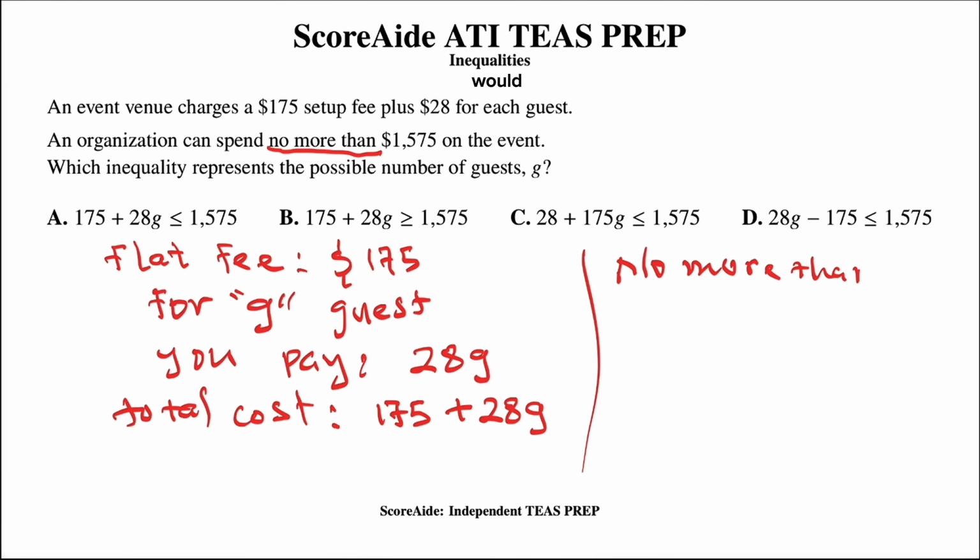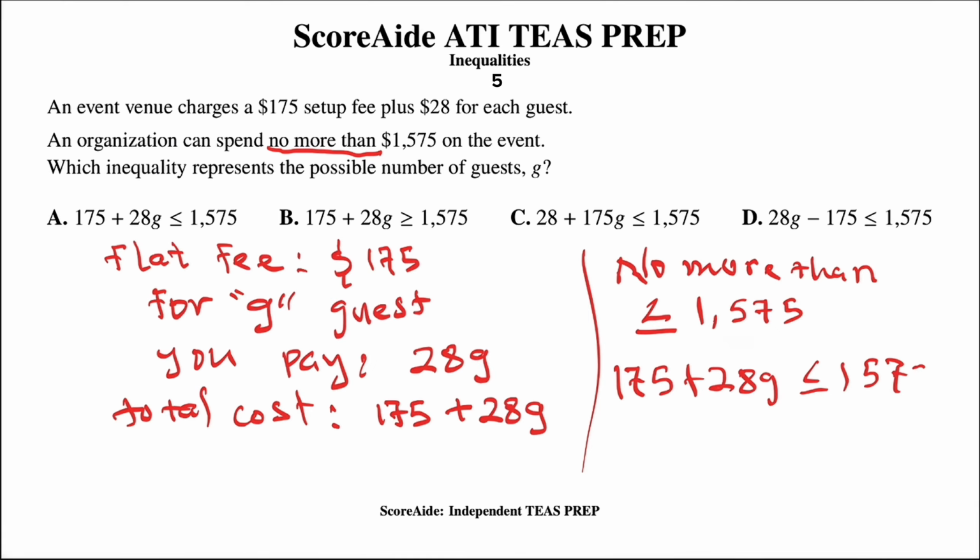No more than would mean less than or equal to 1,575. So it can be 1,575 or less, right? So the inequality is going to be 175 plus 28G less than or equal to 1,575. And the answer is going to be A.